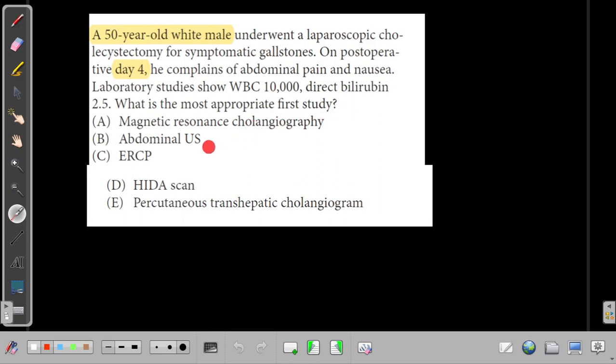MRCP, abdominal ultrasonography, ERCP, HIDA, percutaneous transhepatic cholangiography, PTC. If you have trouble after doing lap chole in the form of pain, nausea, or disturbed laboratory results, you should start by abdominal ultrasonography. Go for B. Okay.